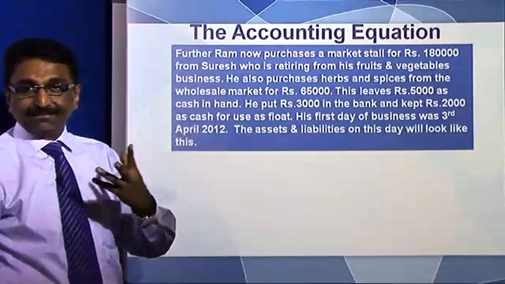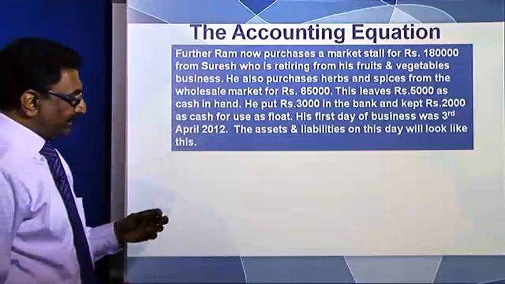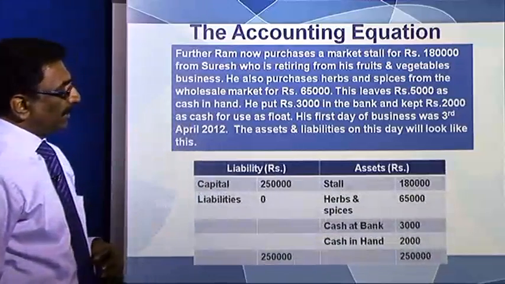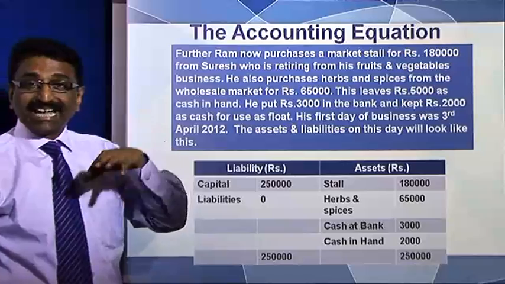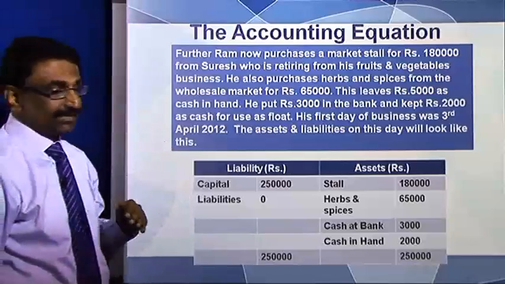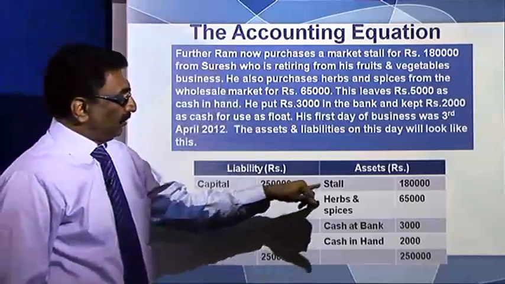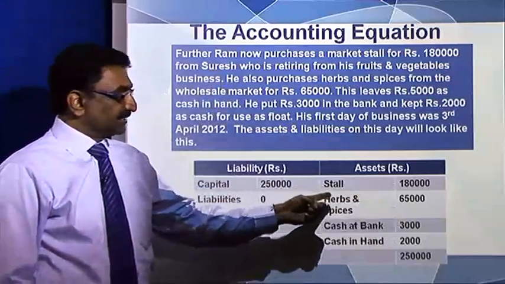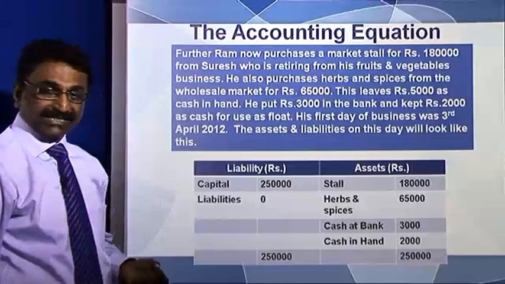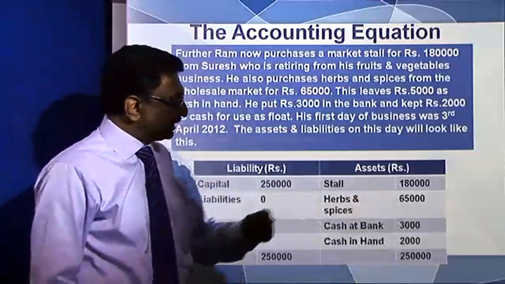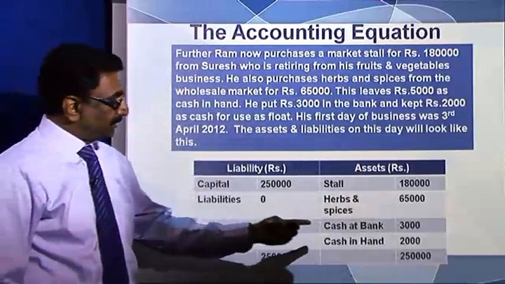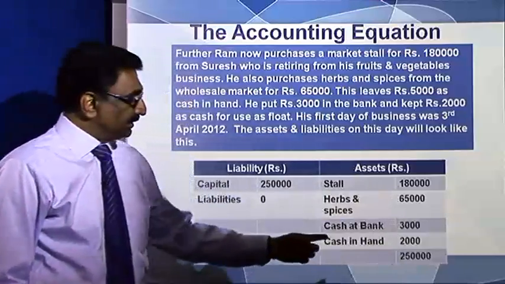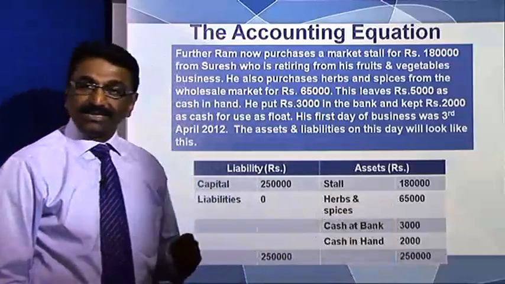The asset and the liability, or the so-called accounting equation. So what happened? What was a cash asset of 2,50,000 has got converted into a stall of 1,80,000, his herbs and spices, or the traded goods that he has bought, of 65,000, 3,000 put into the bank, and now the cash in hand is only 2,000.